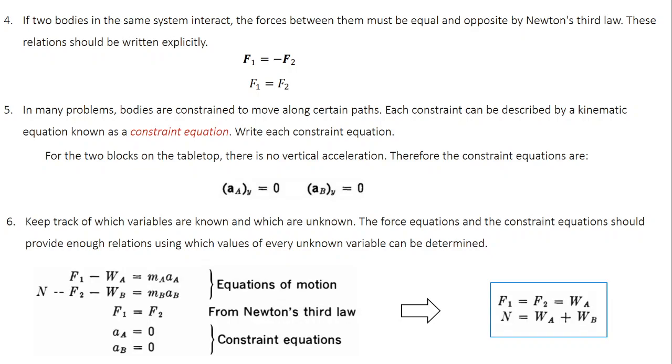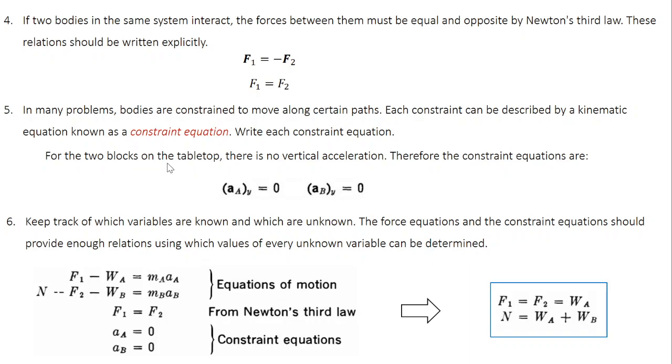So if you take motion along the horizontal direction, I can view it as a constraint. So the constraint equation in this case will be acceleration of body X, AX equal to acceleration of body Y, AY equal to acceleration of body Z, AZ. Okay. So in addition to the equations of motion and Newton's third law, you have constraint equation also coming into picture.